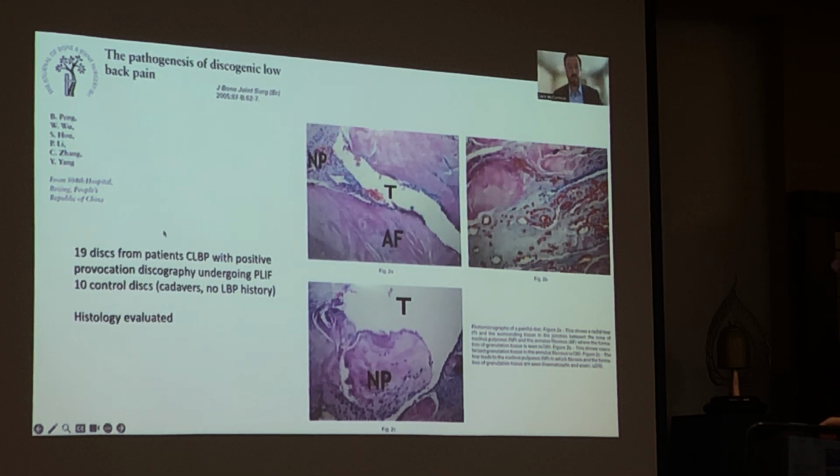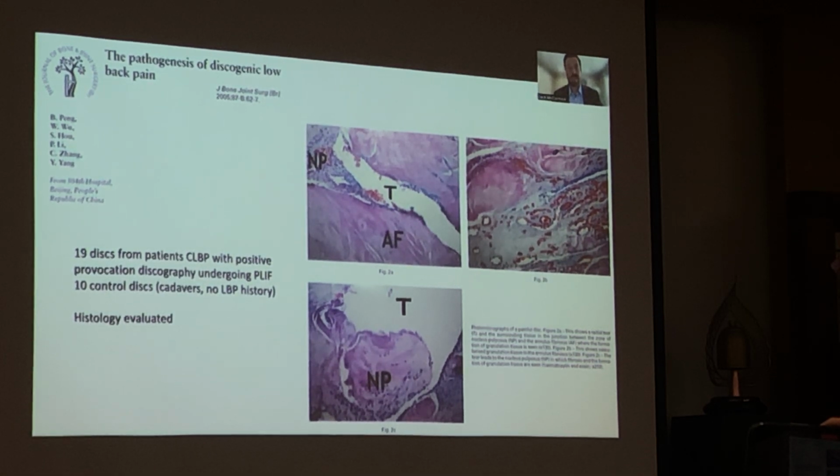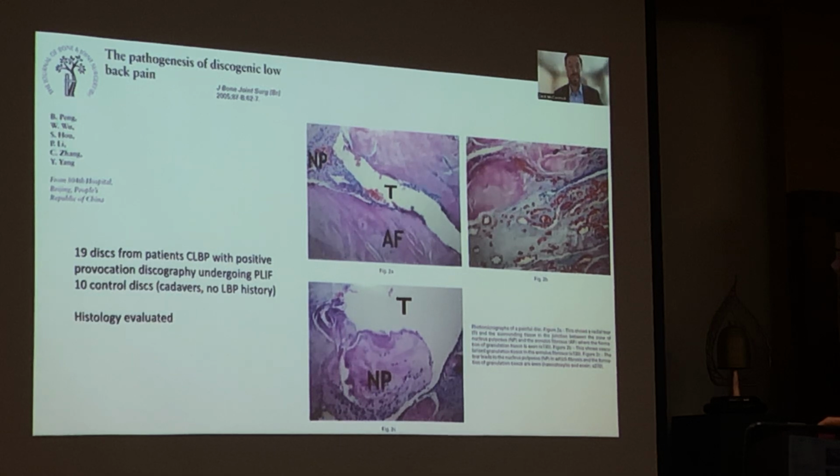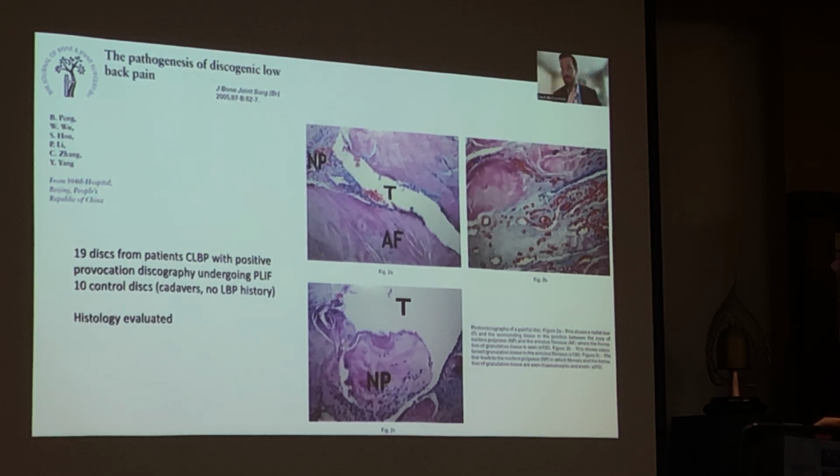This is an old study at this point, but these investigators took a look at 19 discs in patients who had a history of low back pain with positive provocation discography. And then those individuals had passed away. So they were cadavers at the time of the study.